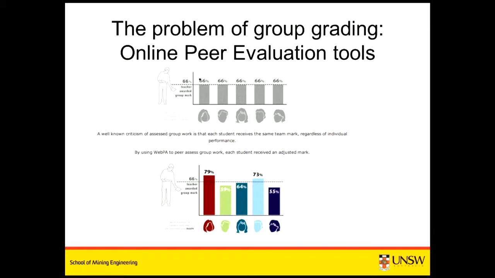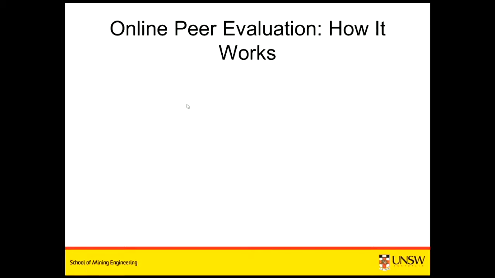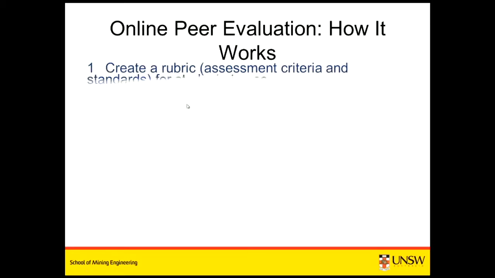So that's the issue: trying to combine both charts, put them together, and combine a group grade with the individual grades, which are generated using the student peer evaluations.